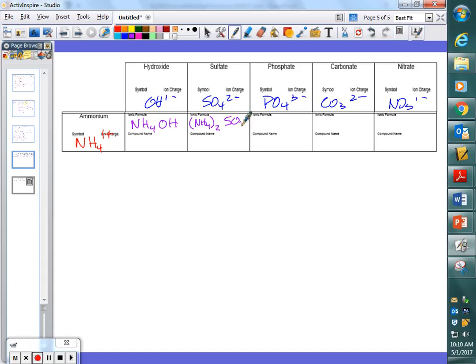And then the sulfate ion comes after that. Okay? So in this compound, how many hydrogen atoms are there? There are 8 hydrogen atoms. Does that make sense? Because each group has 4 and there are 2 groups. Go ahead, fill the rest of the row in.